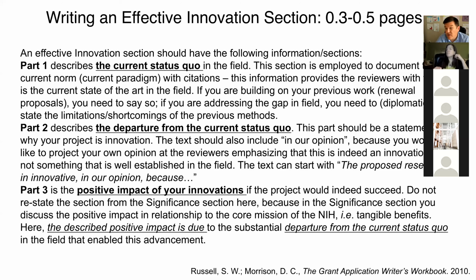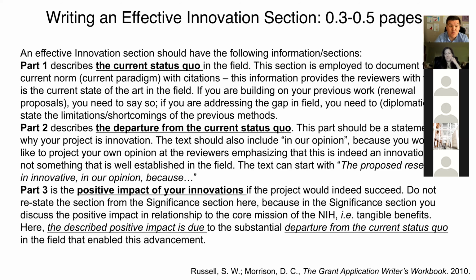And here you can also restate differently what you're trying to address, which is the gap in the field, by diplomatically stating the limitations or shortcomings of the previous methods. You don't want to say something which may come across as very rude, especially to the person who will be the reviewer and maybe the founding father of a particular method. So be diplomatic in the description of the limitations.